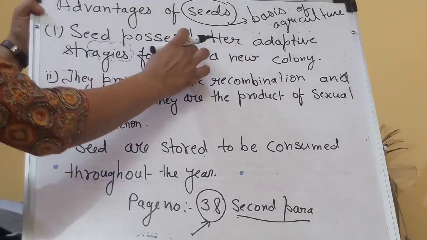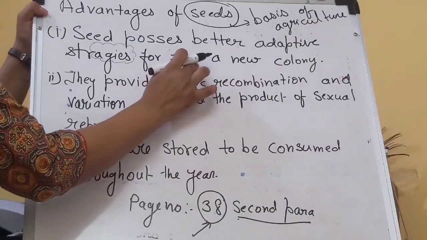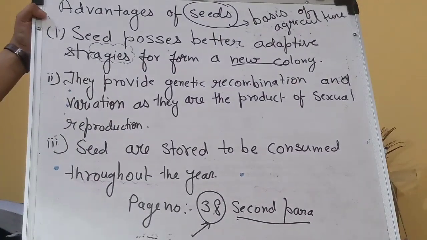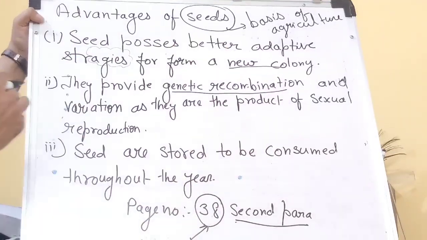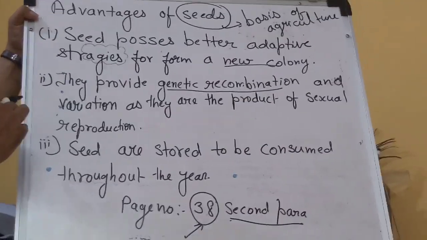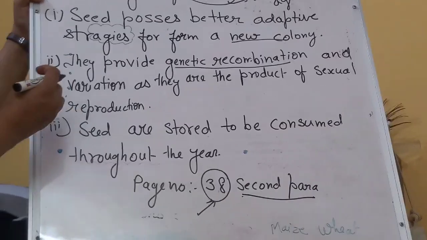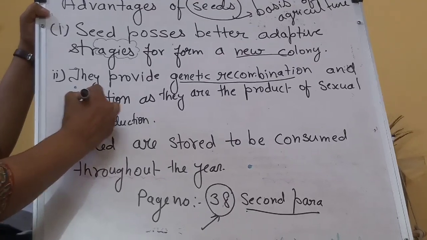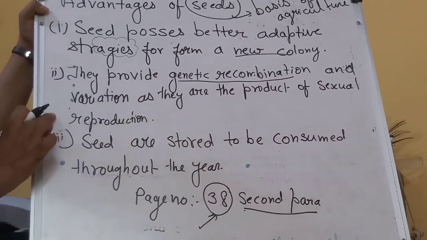Seeds possess better adaptive strategies to form a new colony. They produce new progeny. They provide genetic recombination because seed is produced after the fertilization of a male and female gamete. That's why we see variation, as they are the product of sexual reproduction.